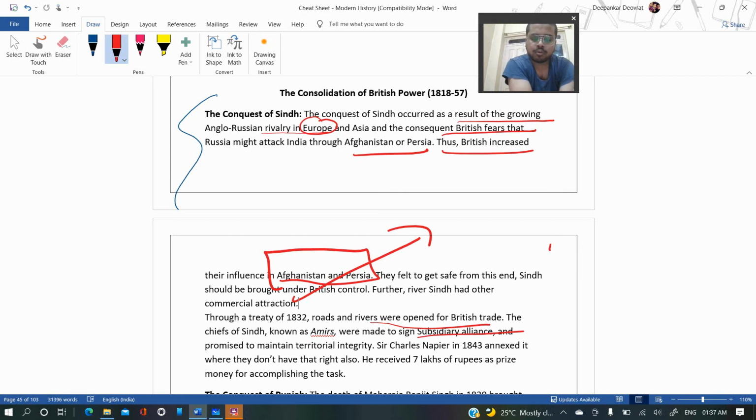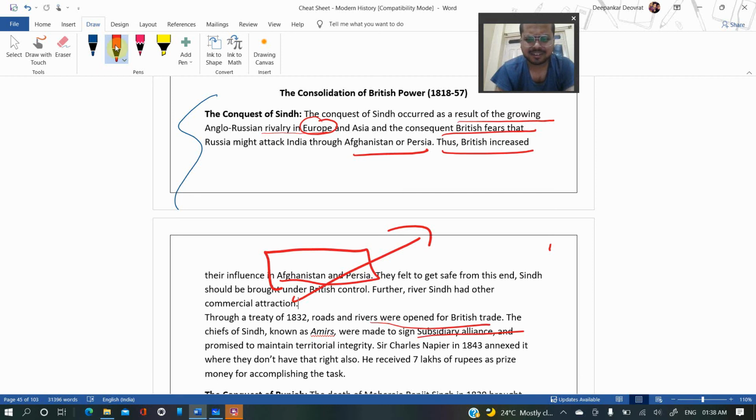So that was signed totally. Later, when the British go out, they will break their own treaty and attack the Afghanistan region. After that, the British will lose the war and be thrown out from Afghanistan, and Afghanistan will become independent. So that is the whole story of the conquest of the Sindh.